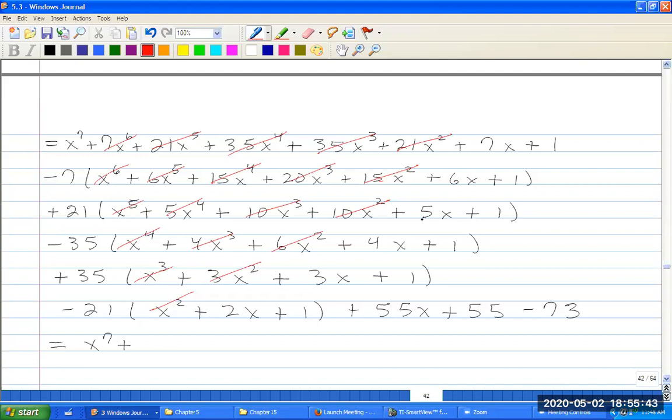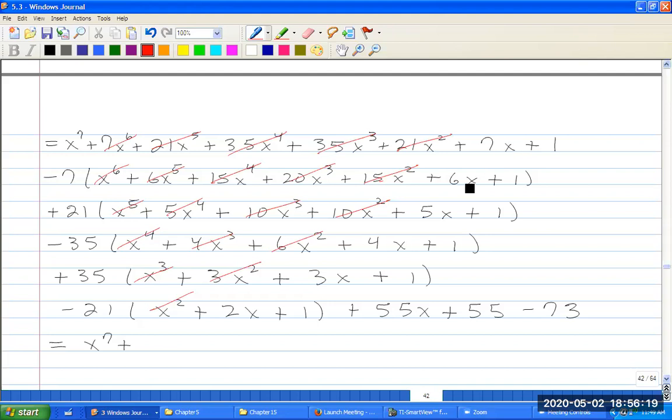So 140. That's a 42, and that's a 42. That's an 84. And a 55. Those don't seem to cancel quite, but almost do. A lot of things cancel.